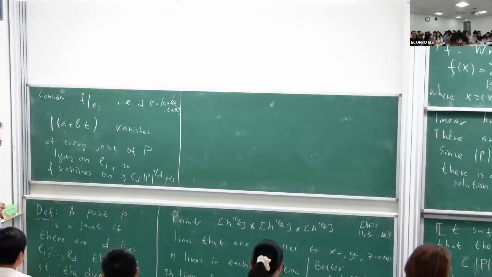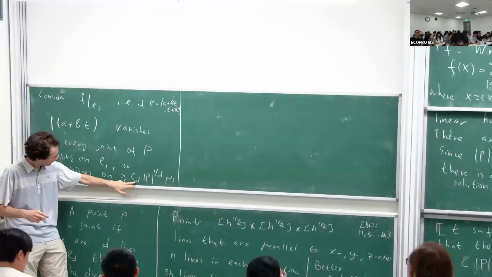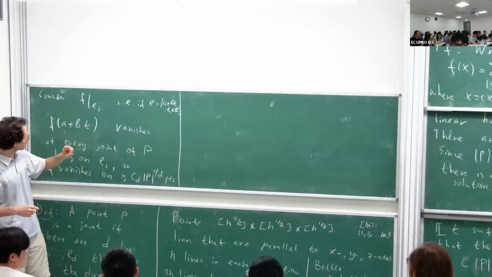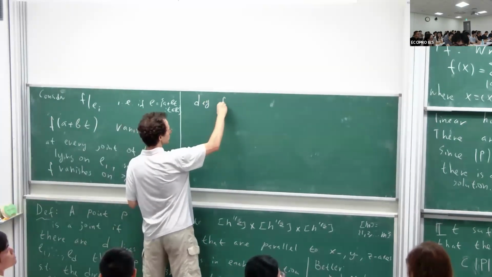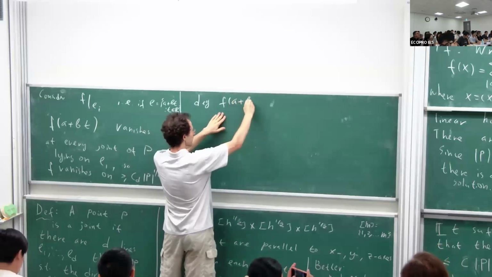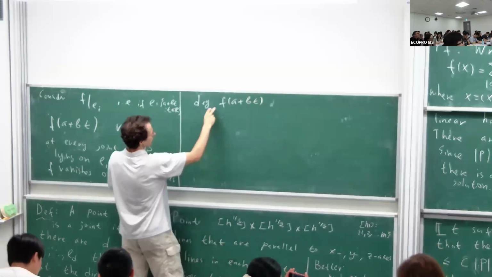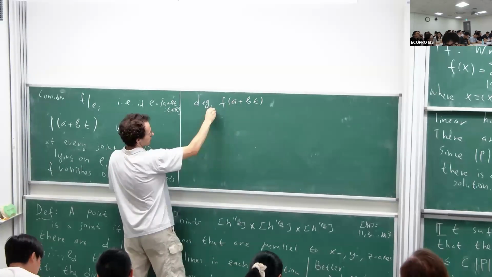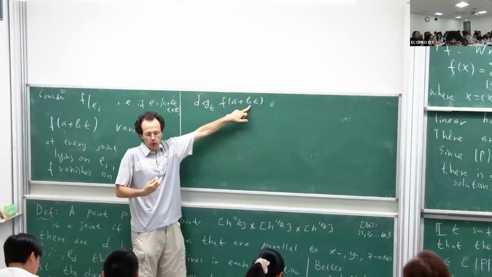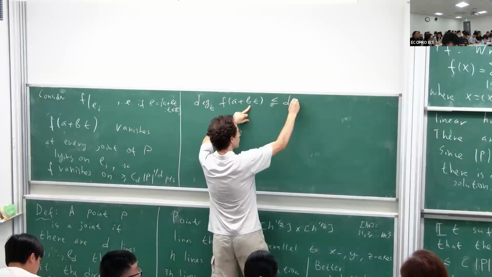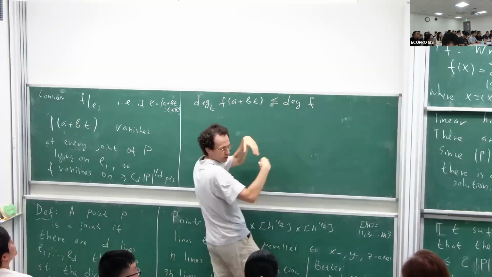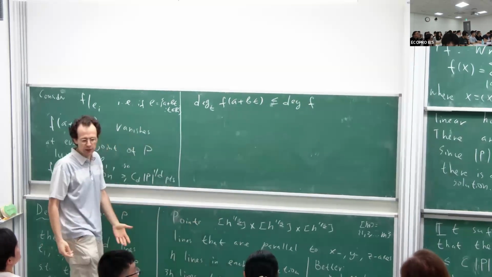Okay, so I have a polynomial F vanishing on this many points of the line. Now, the degree of this single variable polynomial, as a polynomial of t, is no more than the degree of this whole polynomial in d variables.